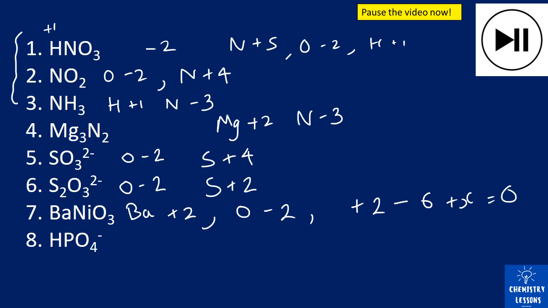So nickel in this case is +4. And finally, the last one, got a charge of -1 here. So hydrogen is +1. Oxygens are all -2. And that's going to be -2, -7, +6. So phosphorus in this case must be +6.